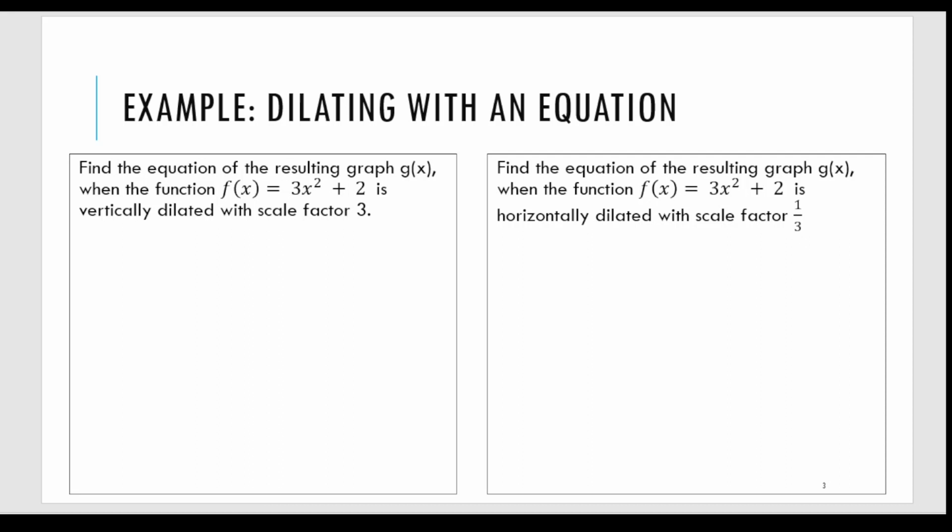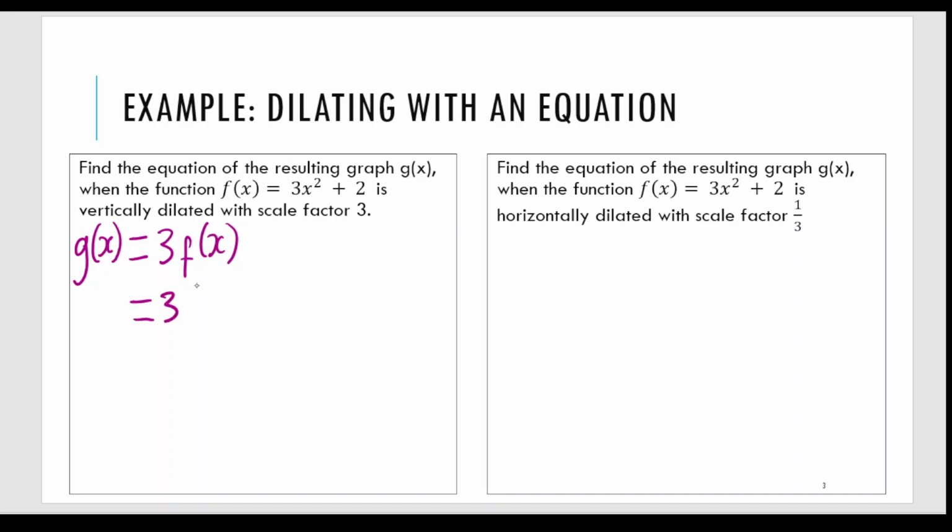So when we vertically dilate something, we have the scale factor of 3, which is represented generally by c, and that is represented like so: 3 times f of x. So our new function g of x is going to be equal to 3 times this entire function.